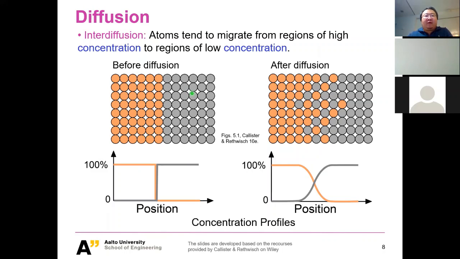It is basically the concentration. The atoms try to go from high concentration to low concentration, right?